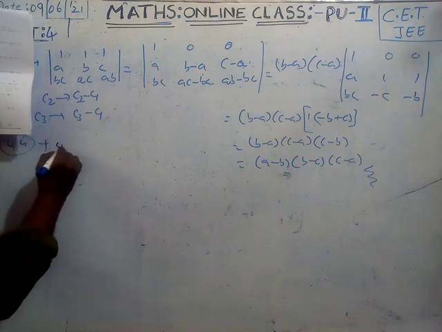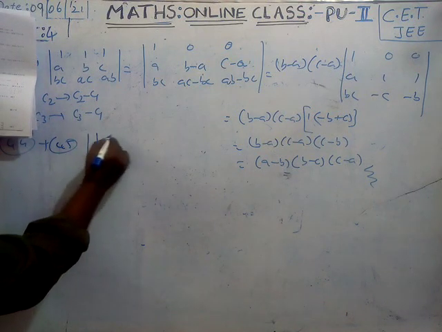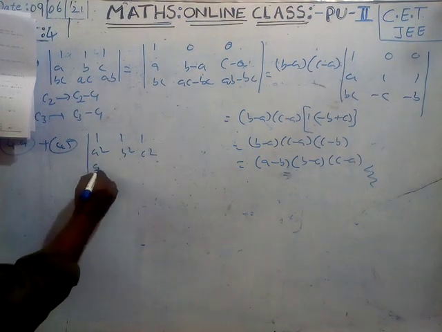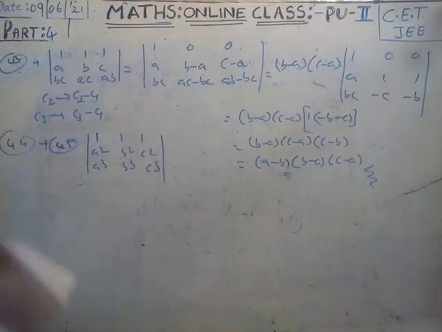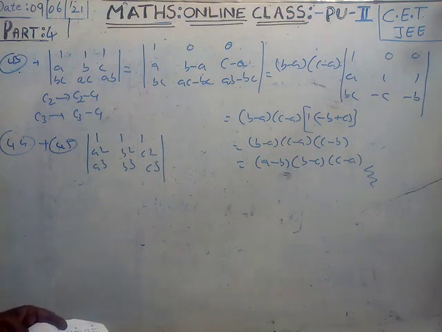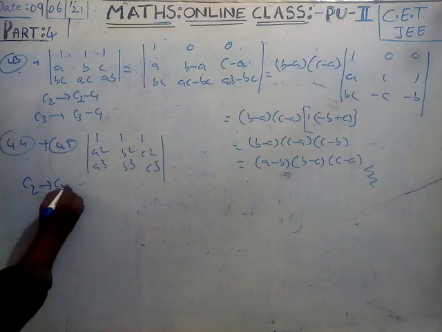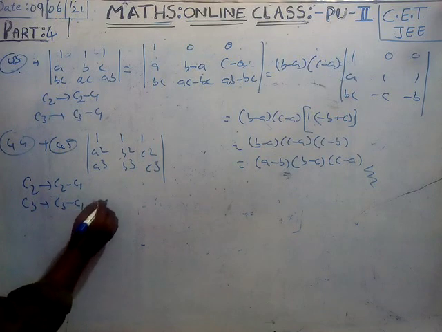I want to solve 45. It is 1, 1, 1; A square, B square, C square; A cube, B cube, C cube. Squares and cubes are there. Here also same: C2 will become C2 minus C1, and C3 minus C1.